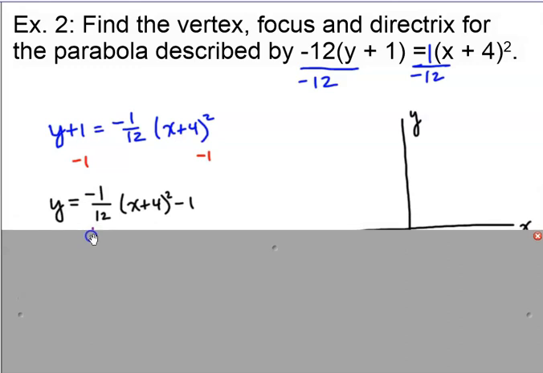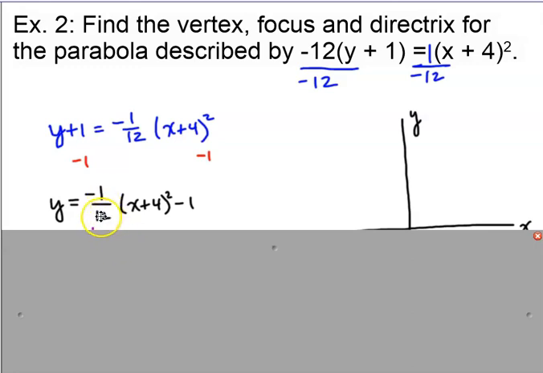That should look like a familiar form here, right? We can see it's in vertex form. So you can see what the vertex is. I know you're familiar with the horizontal shift and vertical shift, but what's the a value here? Okay, and what does that tell us about the d, the distance between the focus and the vertex?